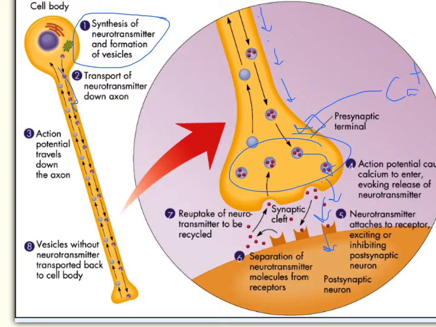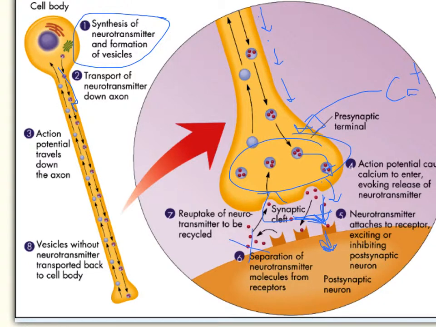Now, we don't want the neurotransmitter to permanently bind to the receptor, because then that receptor is no longer going to be able to send an action potential. So they'll bind and let go and bind and let go. But once that signal's gone, we're going to reuptake. We're going to take that in or break it down, one or the other.